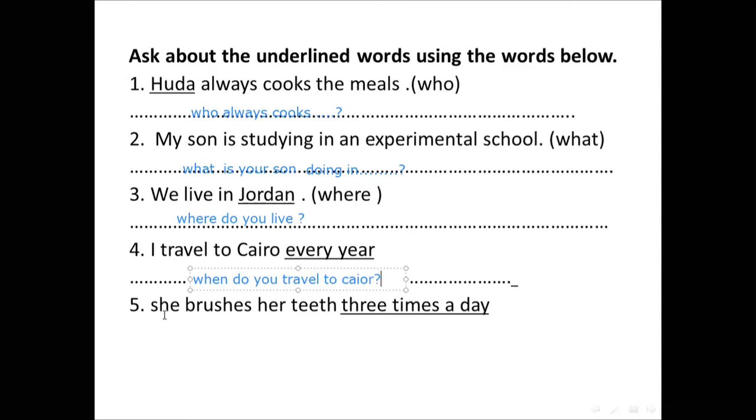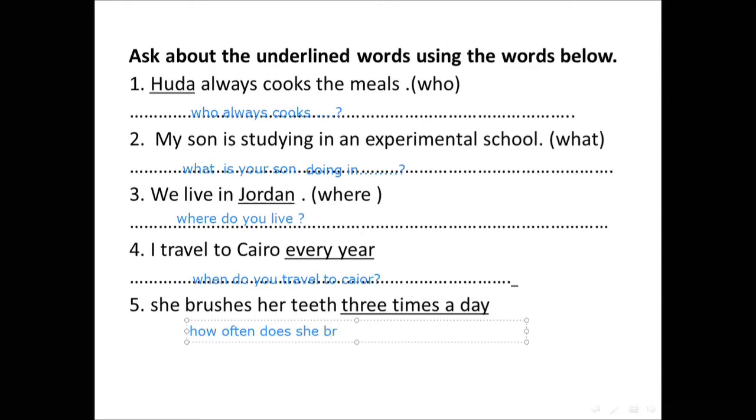Okay, the last, she brushes her teeth 3 times a day. Now here, if you want to ask about 3 times a day, you can use how often. Now here the verb is in the present simple so we use does.